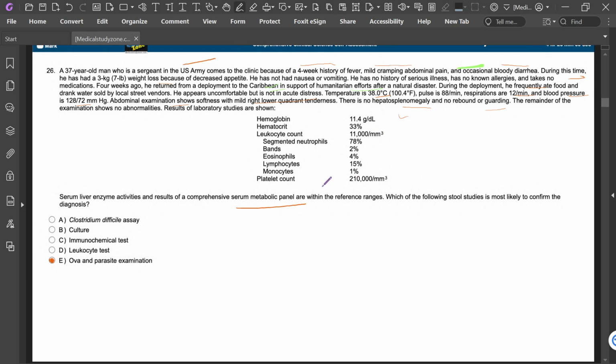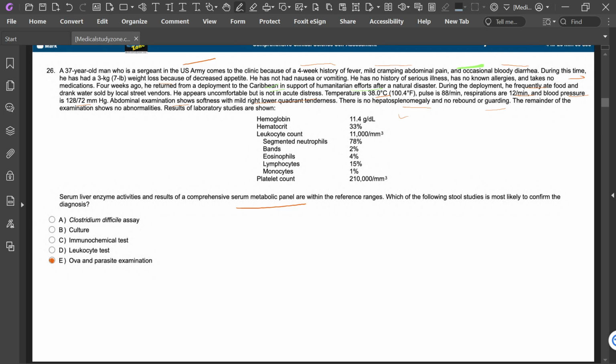Segmented neutrophils are high. Bands are normal. Eosinophils are a bit high. Lymphocytes are low. Monocytes are low. Platelets are normal. Serum liver enzyme activities and results of the comprehensive serum metabolic panel are within range.